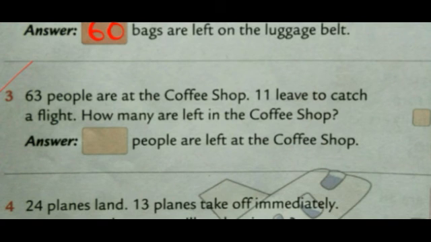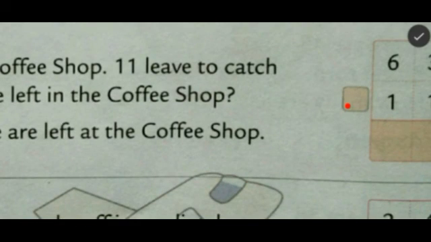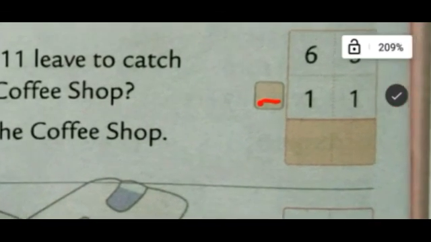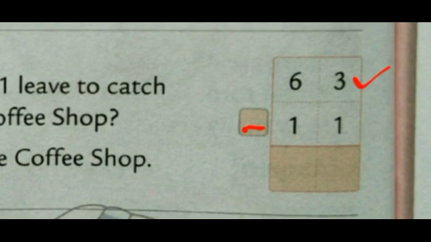Again, they are asking how many are left. That means we have to subtract. So here they have already mentioned that 63 people are at the coffee shop, and out of that 11 people leave to catch a flight. How many are left? So we have to subtract.